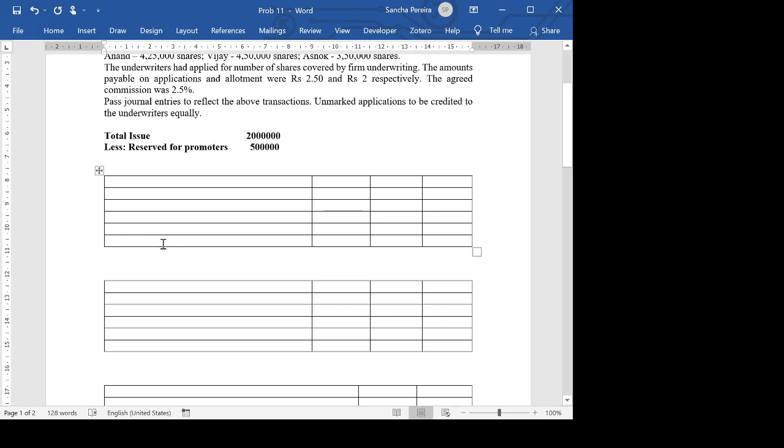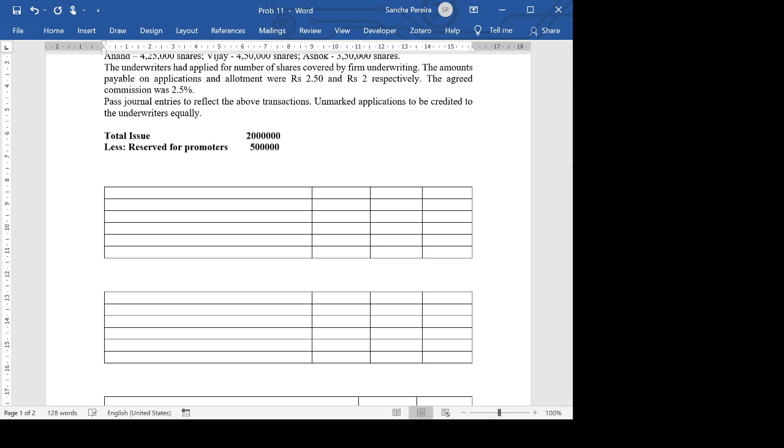Therefore, the public issue that we are concerned with is basically 15 lakhs.